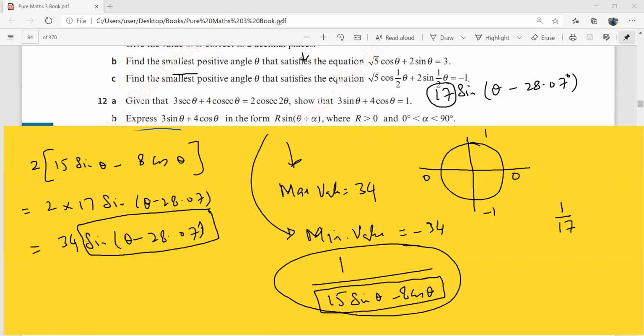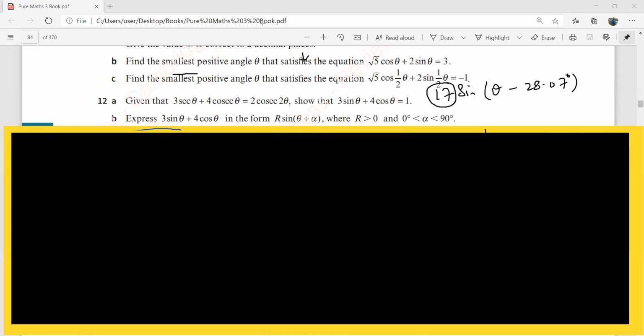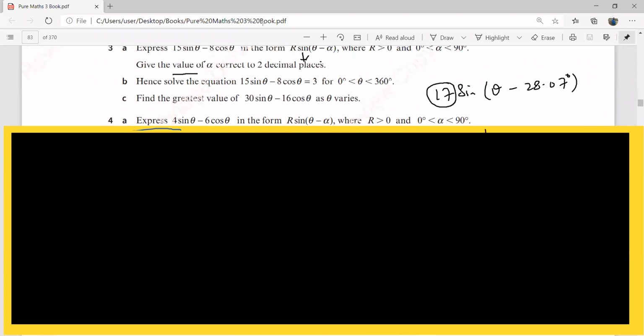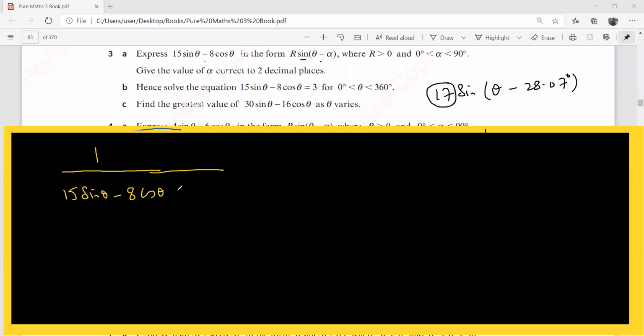In fact, I have recalled that question. Let me write it. Let me go back to this question. The question would say, find the maximum or the minimum value of, something like this, 15 sine theta minus 8 cos theta.